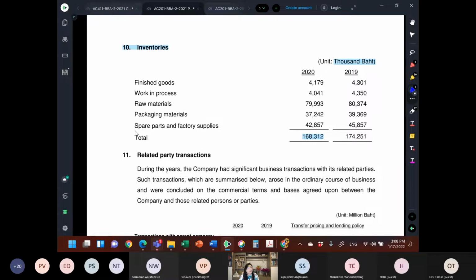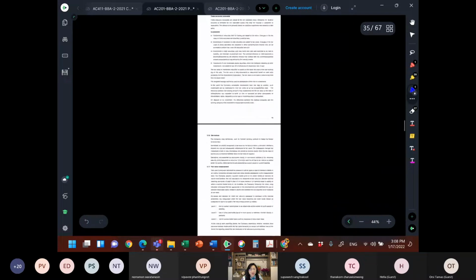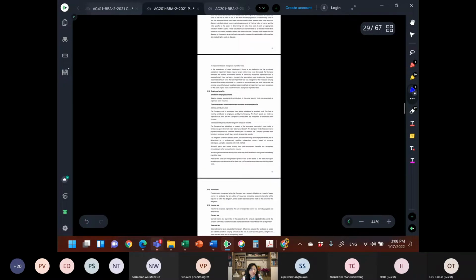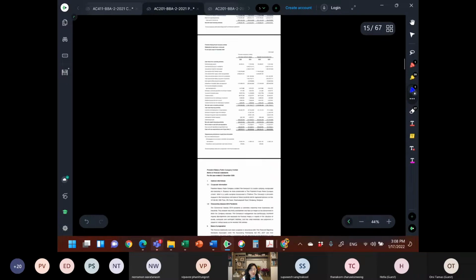So in the notes disclosure, you get to see more detailed information, more breakdown of the numbers. Now let me ask you, if you want to know more about the property, plant, and equipment, what would be the note number that you have to find?